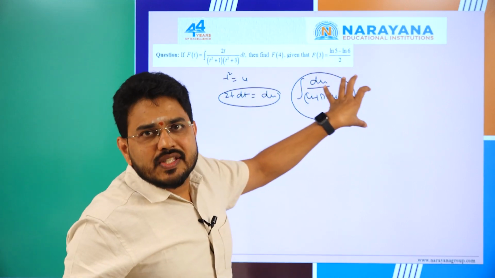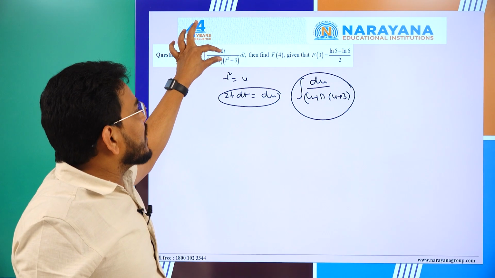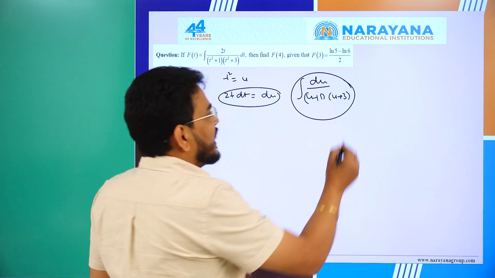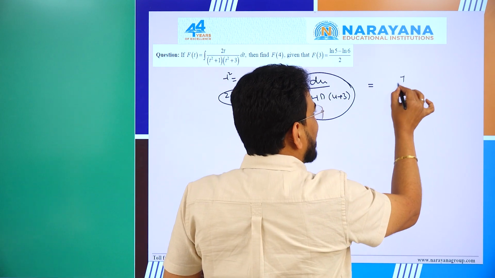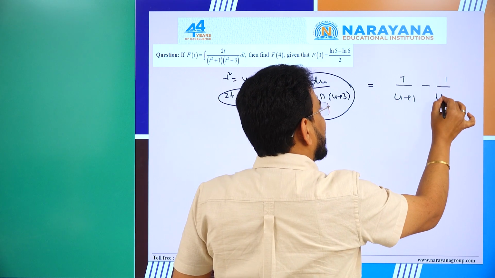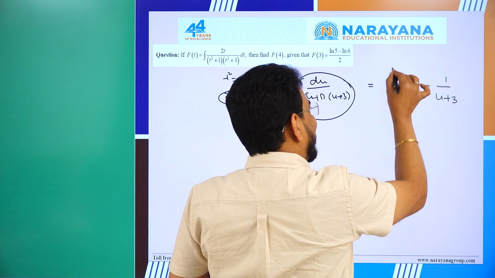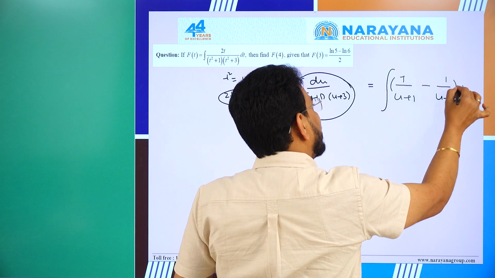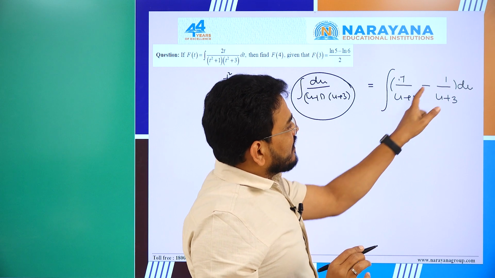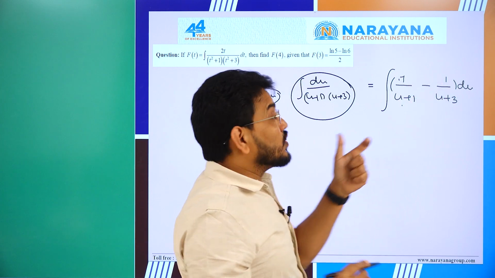Instead of going for this substitution, directly here also you can go for the splitting partial fraction. So here it is equal to integration of 1 by u plus 1 minus 1 by u plus 3 du. Look at here, 1 times of u plus 3 minus 1 times of u plus 1, 2 will be coming.